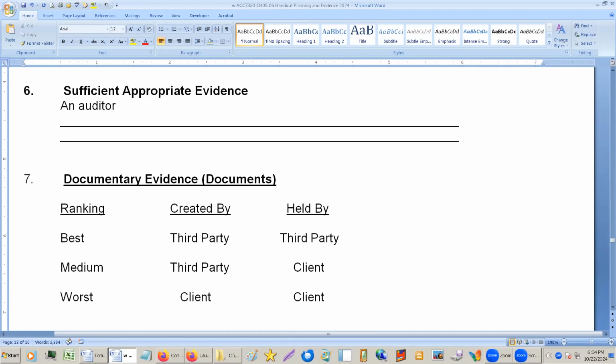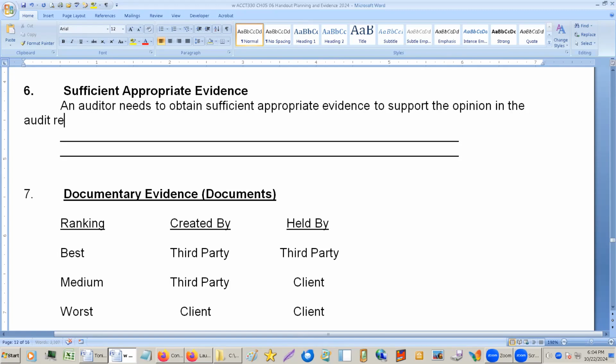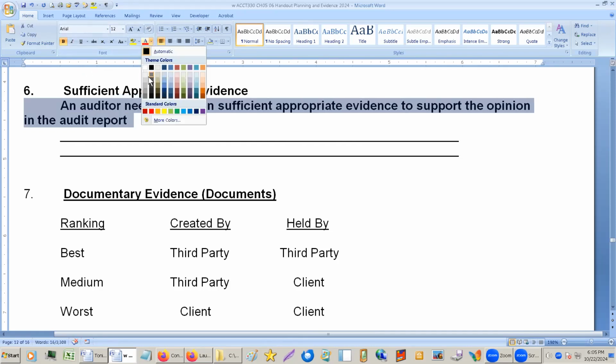Monitor needs to obtain sufficient appropriate evidence to support their opinion. Give me a second, I'll clean this up.